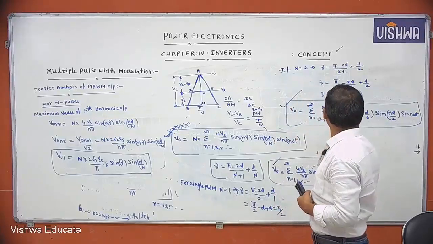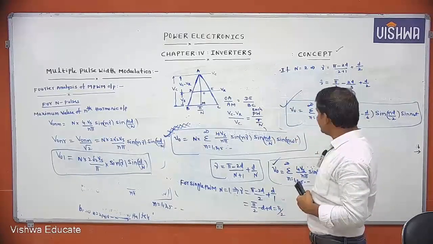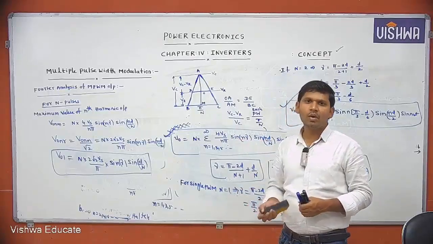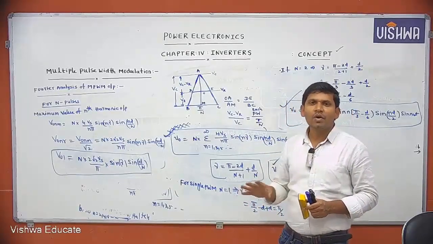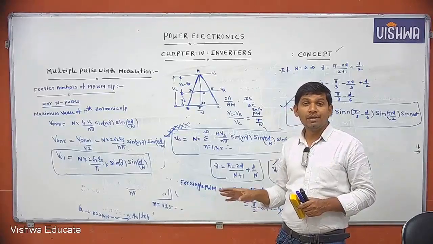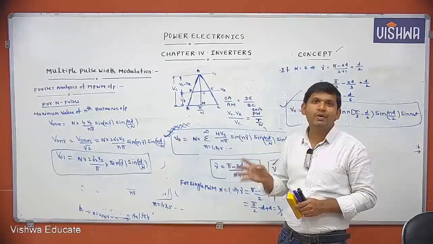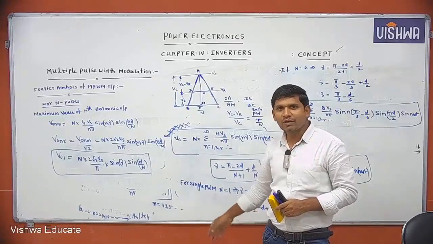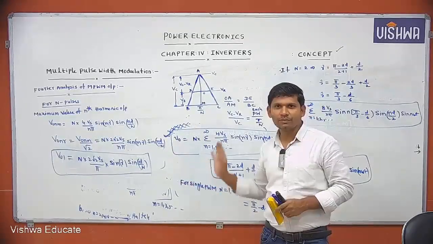How to define modulation index? Modulation index is defined as VR by Vc. Generally, modulation index means amplitude modulation. Only if frequency modulation is mentioned, then take that. I will define frequency modulation later, after discussing sinusoidal pulse width modulation and all those items. Clear?